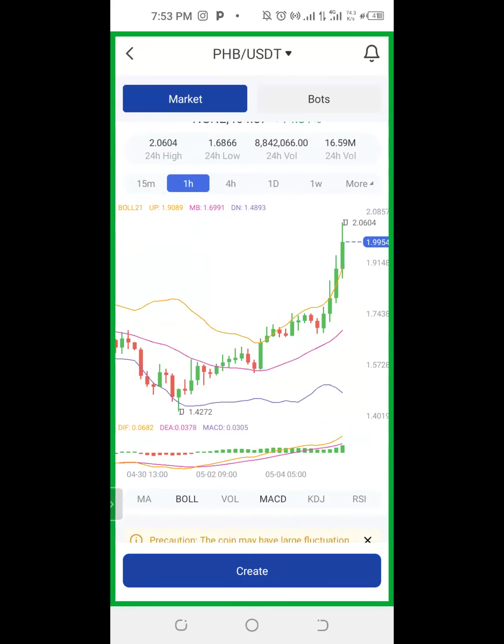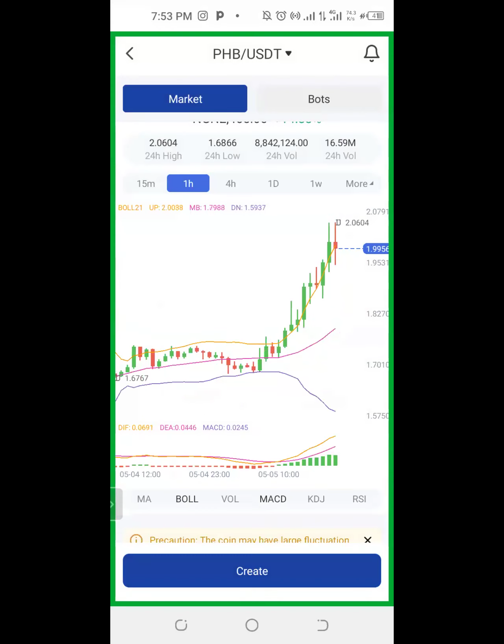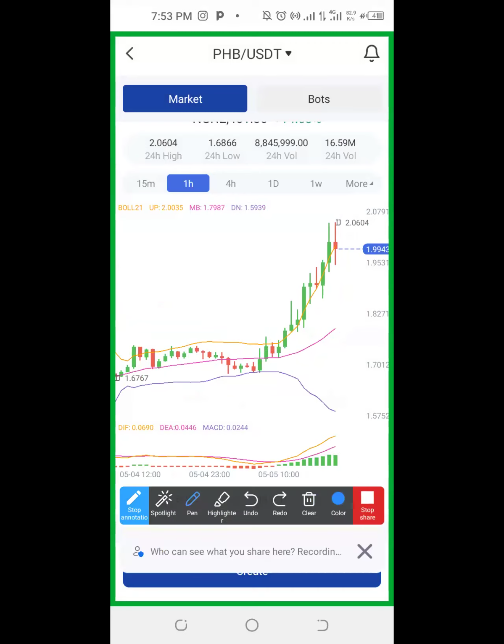Let me look at the lower time frames. Okay, I think the lower time frame is better, because on the chart on RoyalQ you can see 15 minutes, 1 hour, 4 hours. I want to check how the candles are forming.